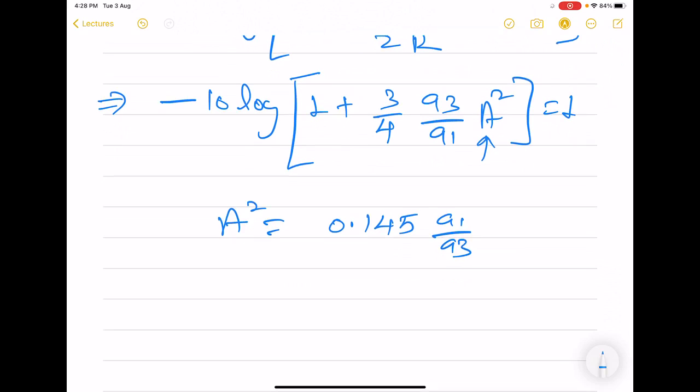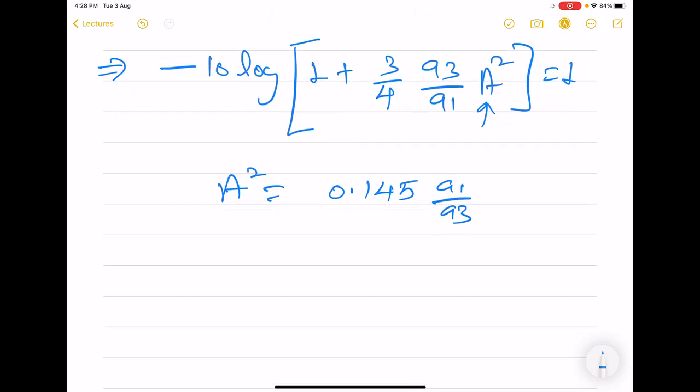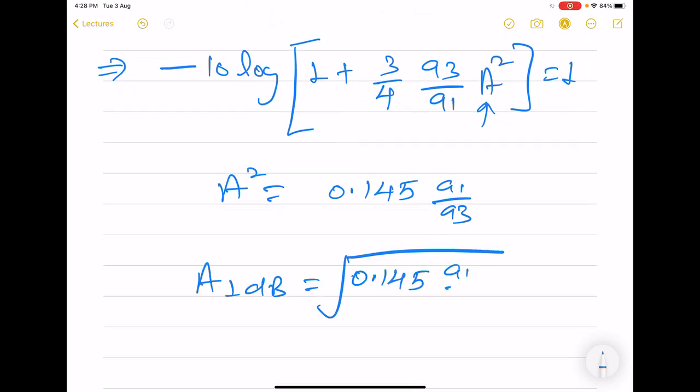So the input amplitude for which 1 dB gain compression occurs is designated as A 1 dB equal to square root of 0.145 A1 by A3.